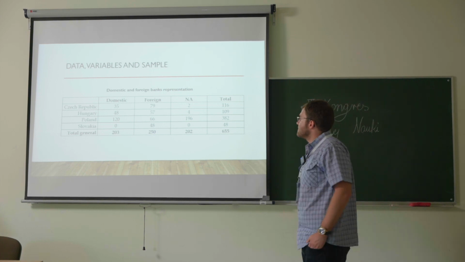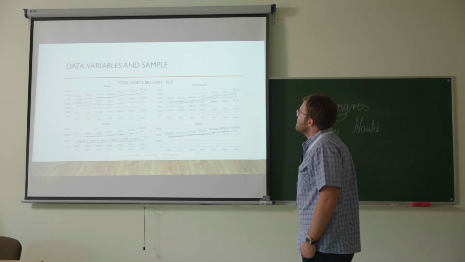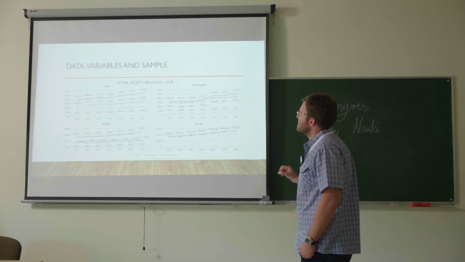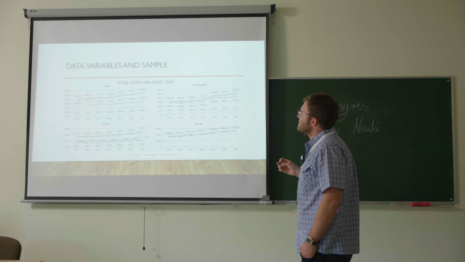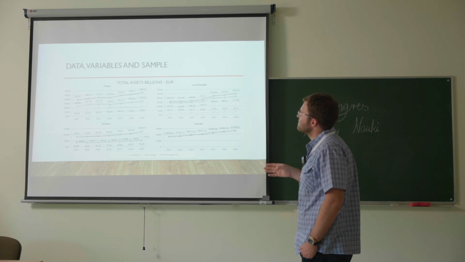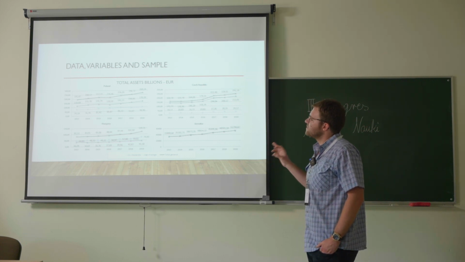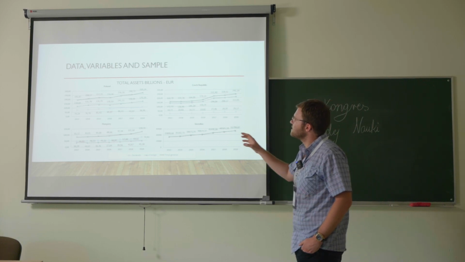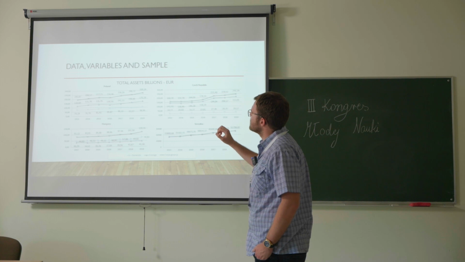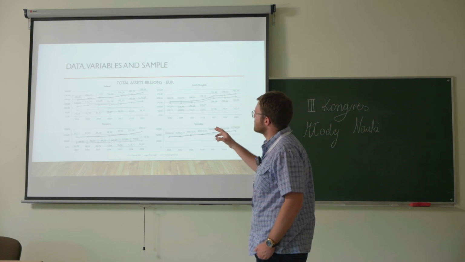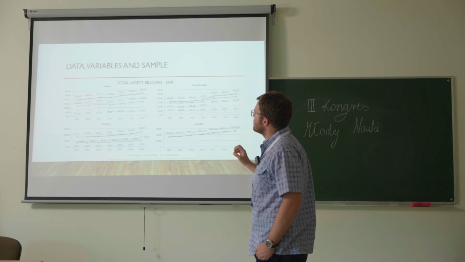Yes. Next slide. Talking about some changes in total assets. In Poland, we can see the growth of total assets from 2016 to 2019, the growth of assets of domestic and foreign banks. But domestic banks' growth was refused in 2018, but there was some growth in 2019.